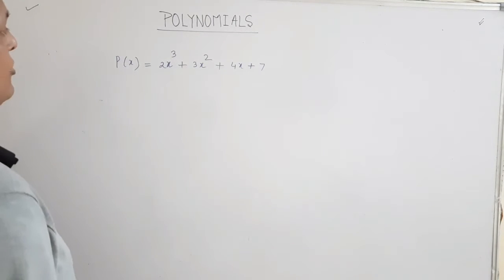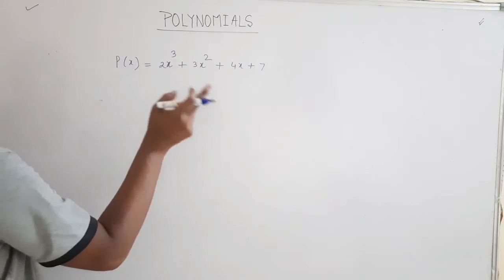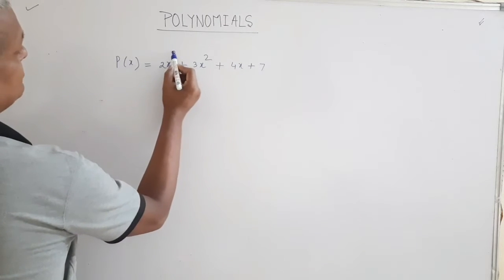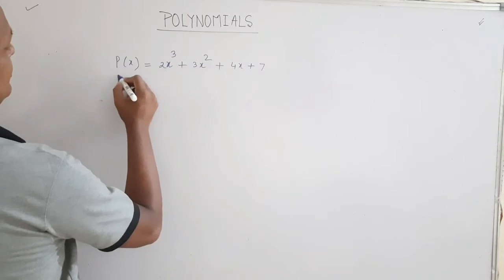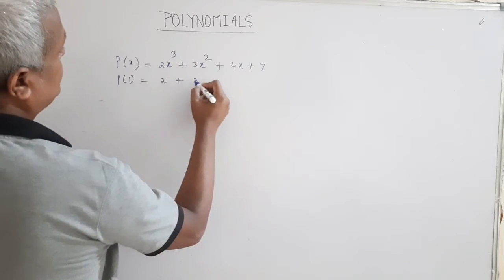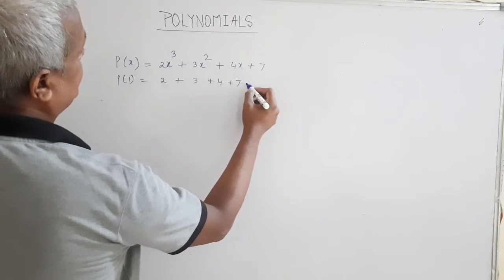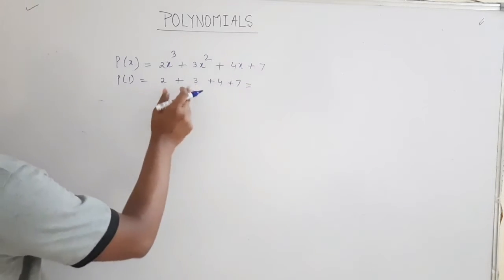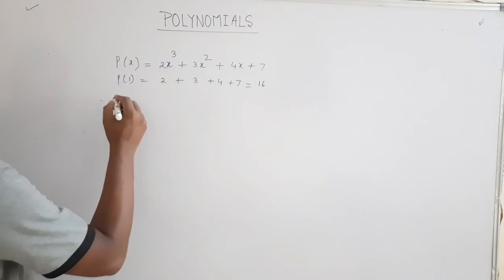This is a polynomial of degree 3, because the highest power of x is 3. Now if I put the value of x as 1, I get 2 plus 3 plus 4 plus 7, that is 16. So this is the value of the polynomial when x is 1.